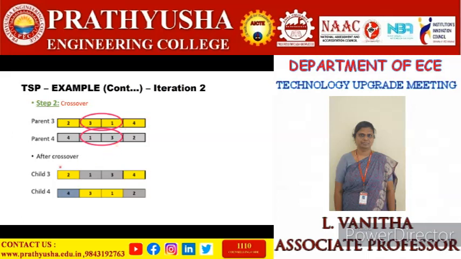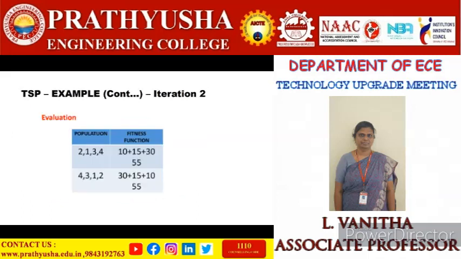And after crossover, we have obtained child 3 and 4. We evaluate the fitness function for child 3 and 4 and we find it to be 55. Since it is an optimal solution, the process ends here.